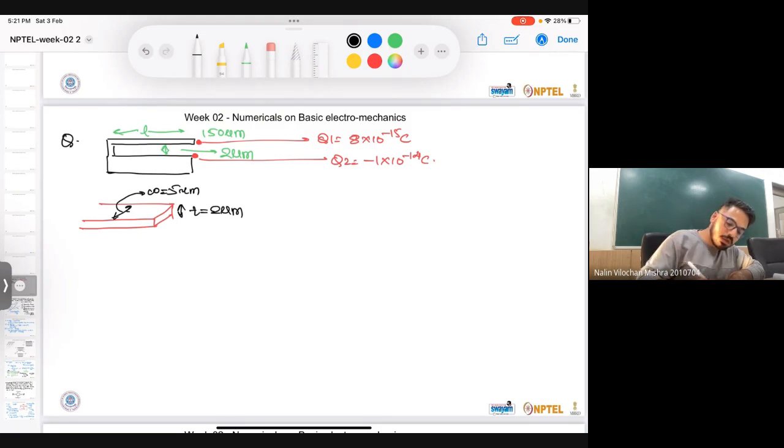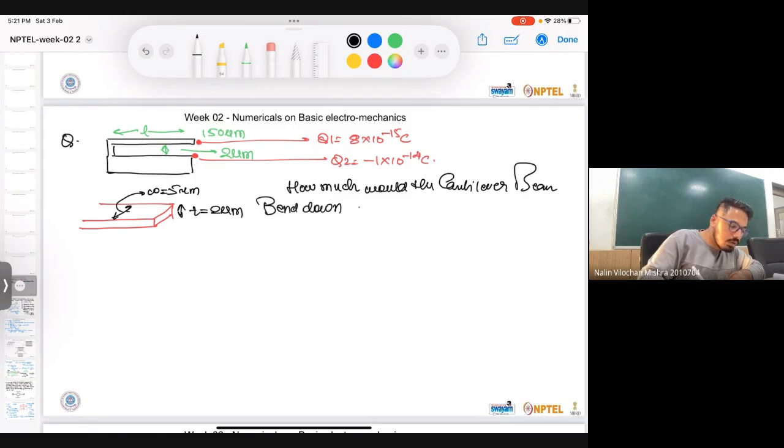Okay, so the question is, how much would the cantilever beam bend down at its free tip due to electrostatic force?